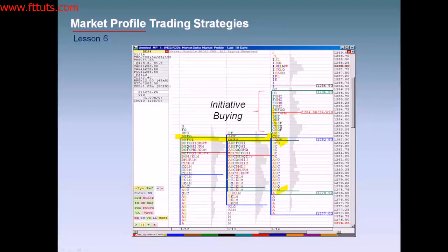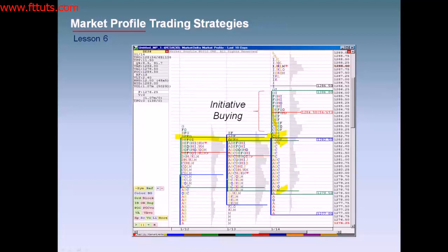So I have the characteristics of initiative buying. Now, if I wanted to, I probably would be very comfortable taking a long position at this point of support here, right at above value. And if in fact, when D drops down here again and prints this low, and then I see it start to climb back up again, this would be a good entry for a long position because I've identified initiative buying.